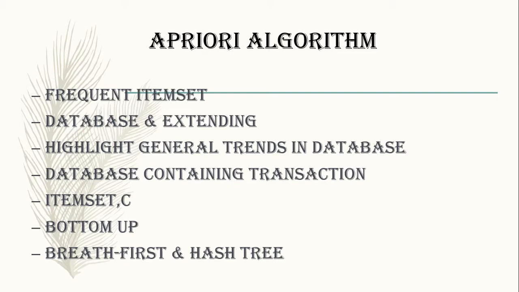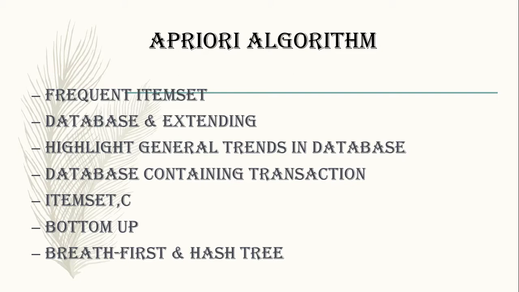In this step we can generate the candidate generations, and groups of candidates are tested against the data. What is the candidate rule, how we calculate the candidate rule, how we consider the frequent item sets, and what is the result for the association rule, we will see in this lecture.